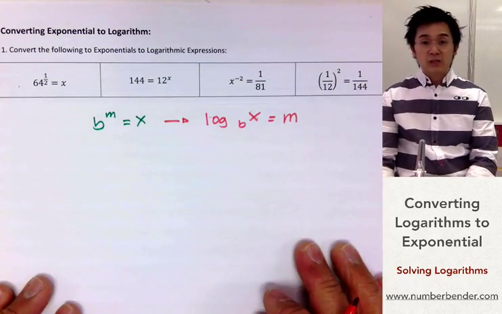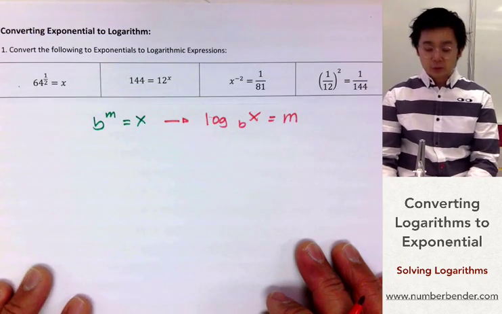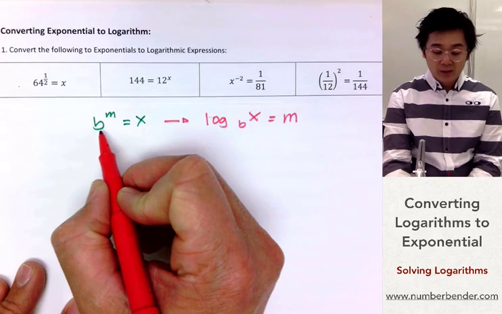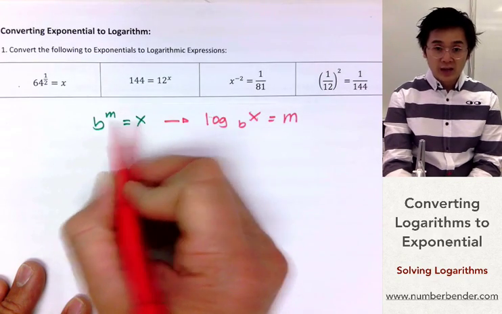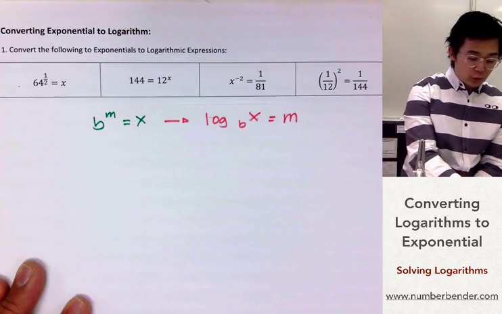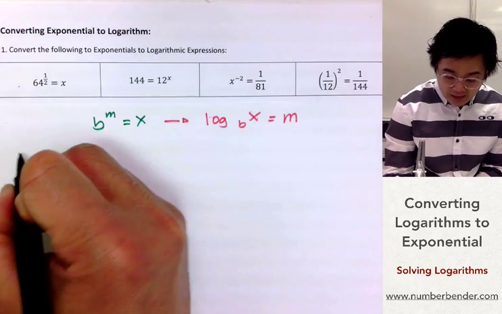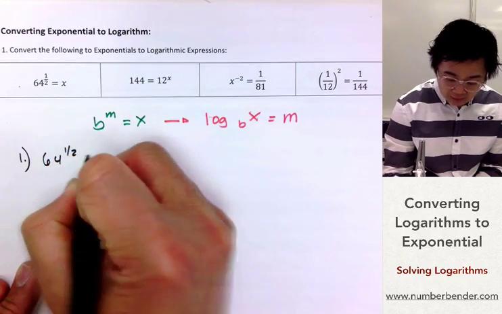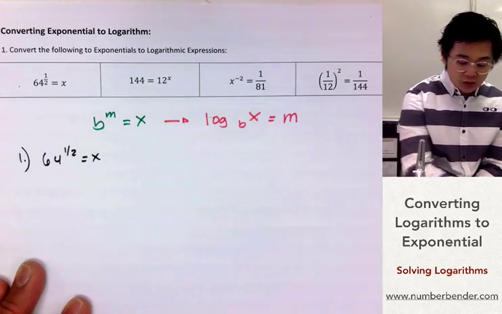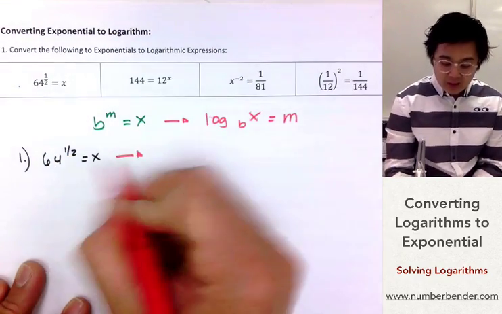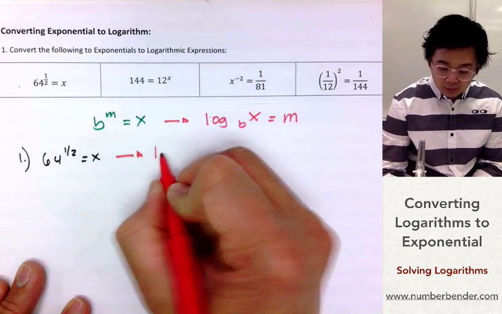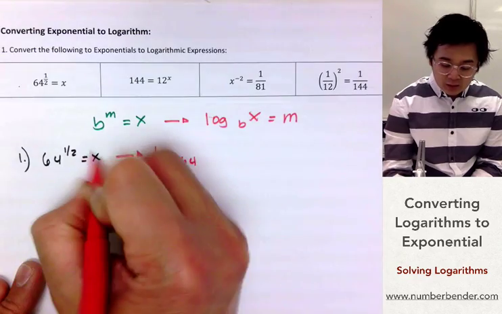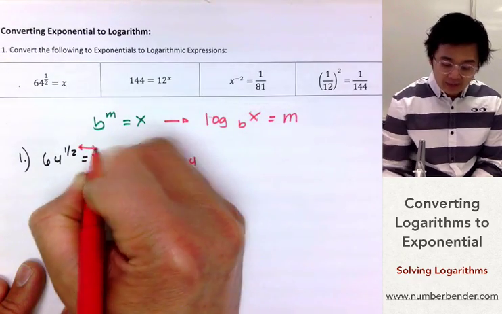Now, in this particular formula, I remember using this formula by looking at b becoming the base and then switching x and m. So for number 1, if I have 64 raised to 1/2 equal to x, and I'm going to change it into logarithm, 64 will become smaller because it will turn into the base, and then I'll switch 1/2 and x.